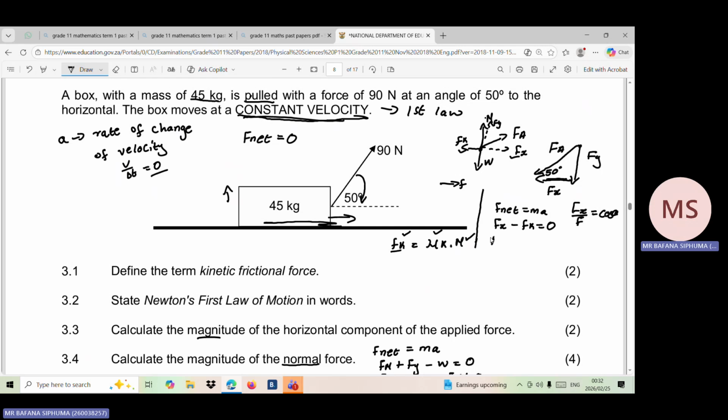And then what is my Fx? My Fx is 90 cos 50. There's something wrong with my pen, but fine, as long as you see equals 0.